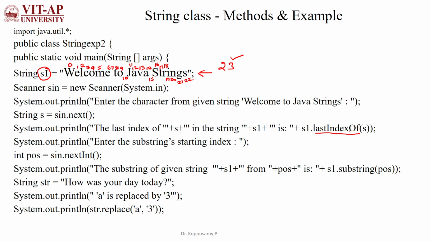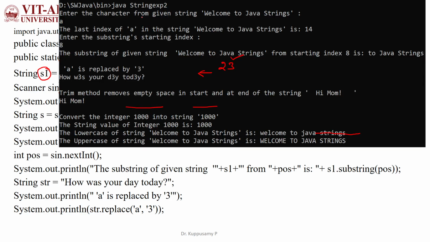The first method I want to use is to identify the last index of the appearing of a particular character. For example, I am entering the character a, and I want to identify the last index of a in the given string.